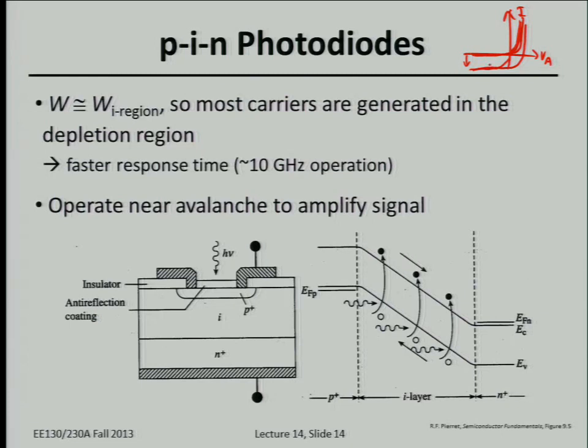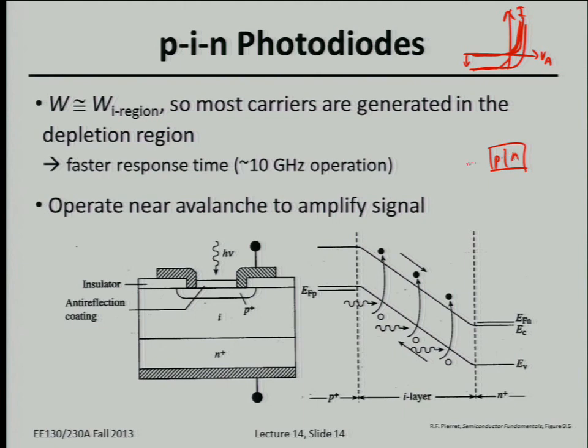Normally, as we talked about earlier, most of that current is due to carriers generated in the quasi-neutral regions. So you have to wait for the carriers to diffuse into the depletion region to be swept across the junction, and then once they become majority carriers, current can flow out of the PN junction diode.